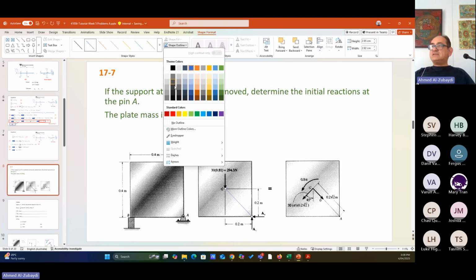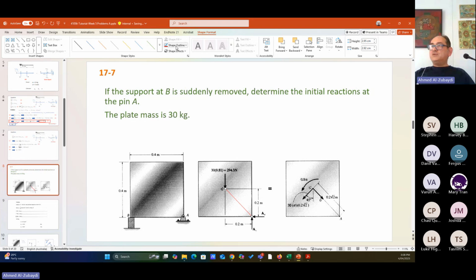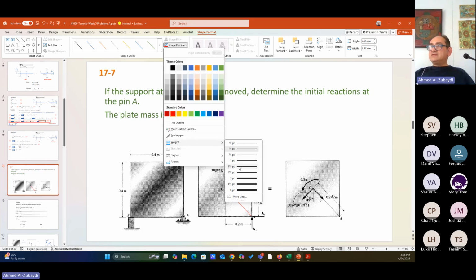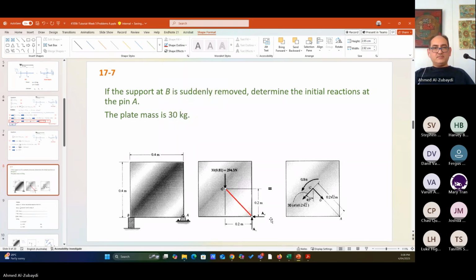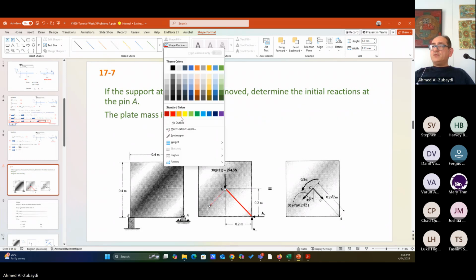So here I just sketched this slide to show you how we're going to do the process. Find the link of the rotation, and then you can simply locate where we're going to have the acceleration, the normal and the tangential. So this is the tangential one, which is going to be related mainly to alpha.